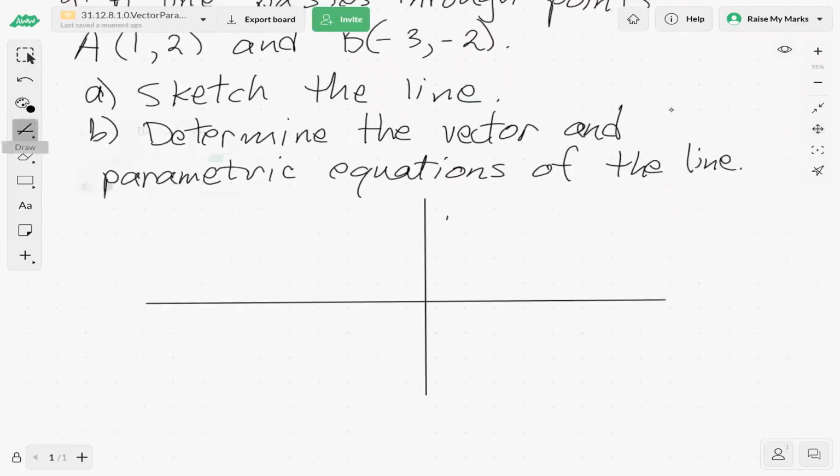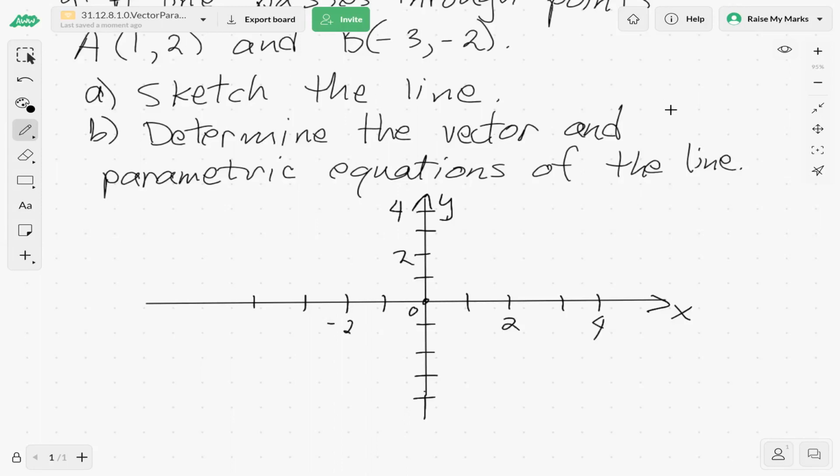Let's label the y-axis and x-axis. We have our origin in the middle.